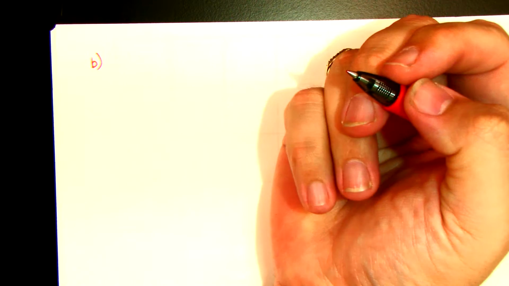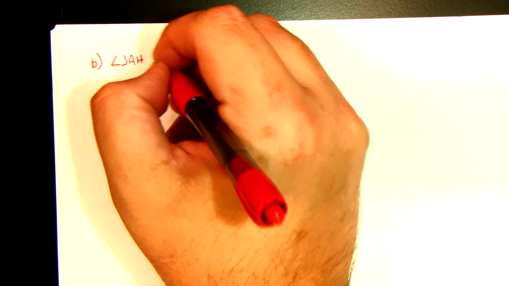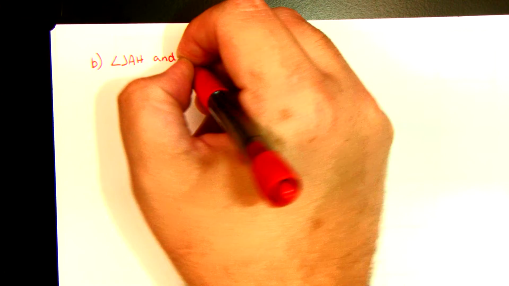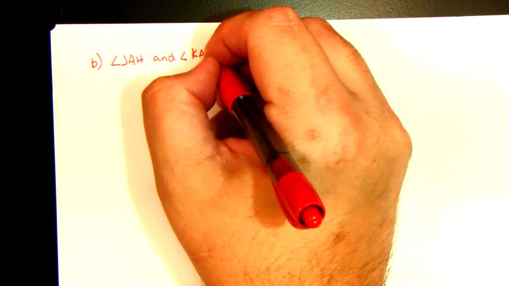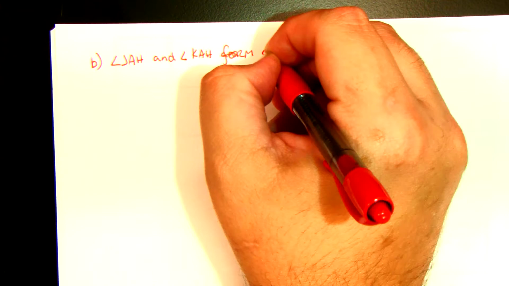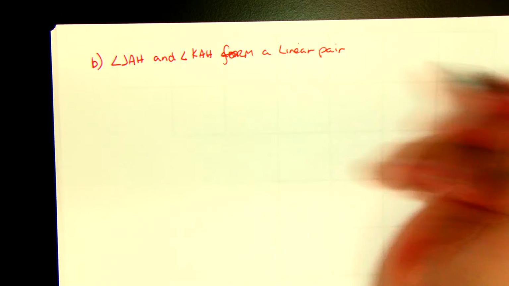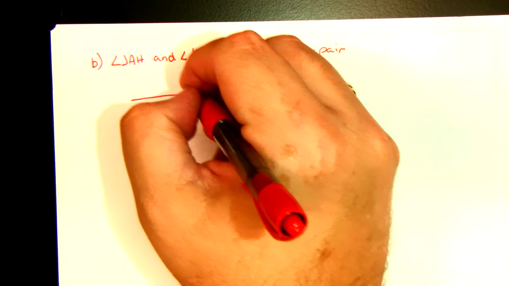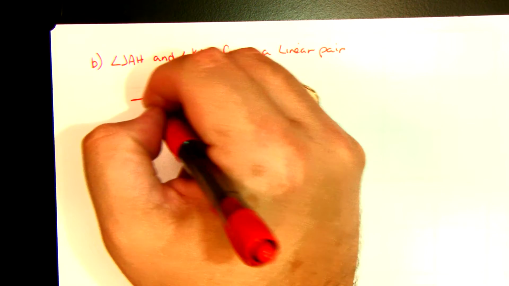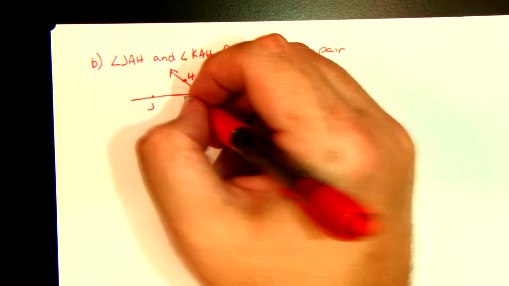Let's go to part B. There's 3 parts to it. It says angle JAH and angle KAH form a linear pair. So if they form a linear pair, there's J, there's A, there's H, and there's K. What's great about a linear pair if you add them together?